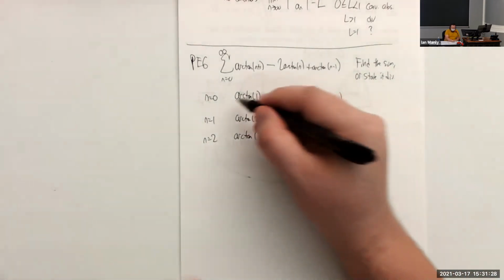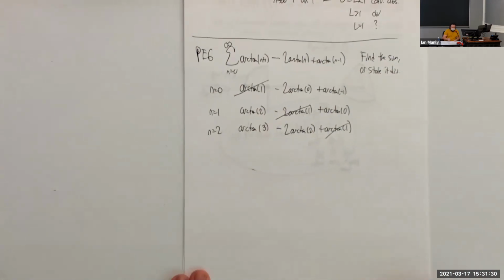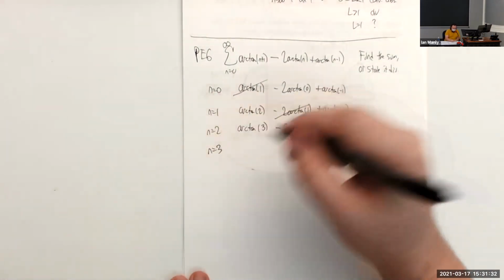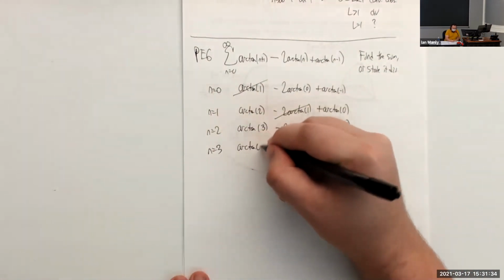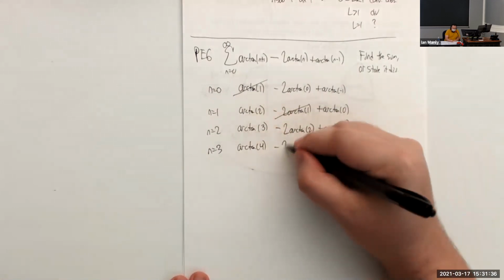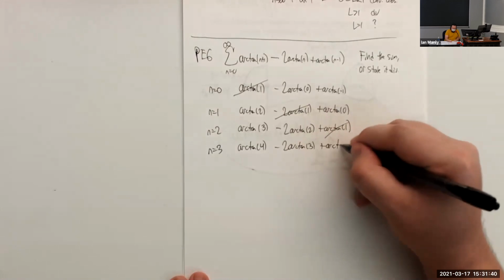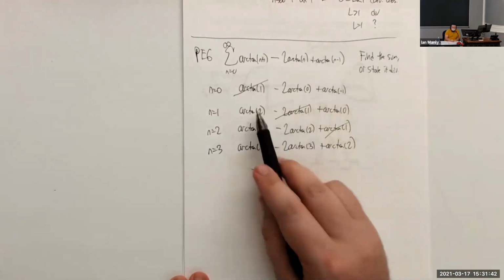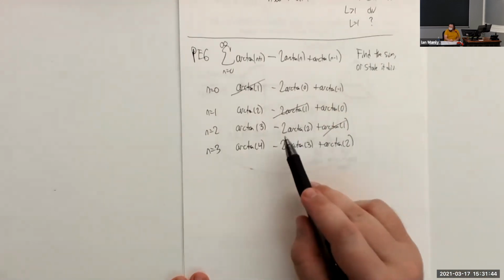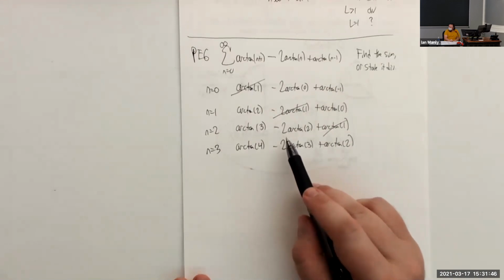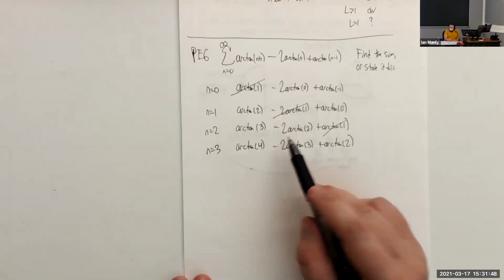So those will all cancel out with one another. If I move on to the next one here, plus arctan of 2. So we have arctan of 2, and then negative 2 arctan of 2.